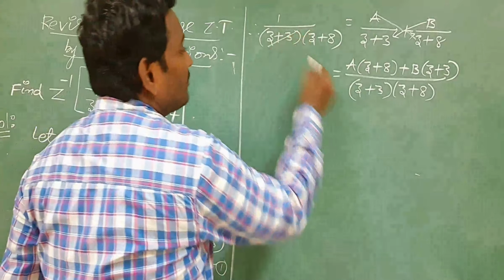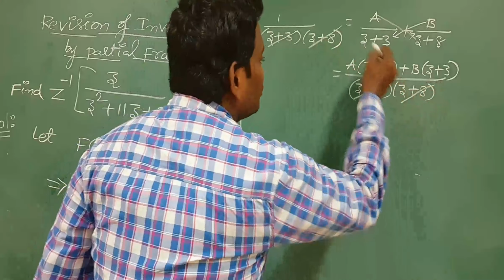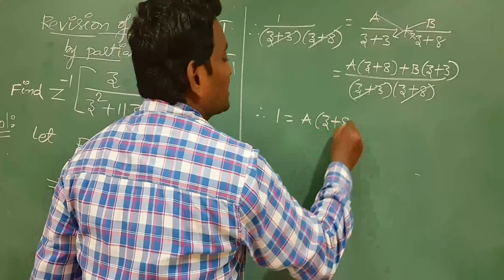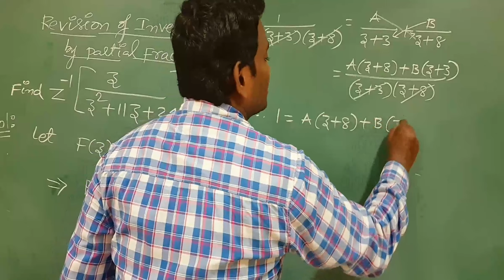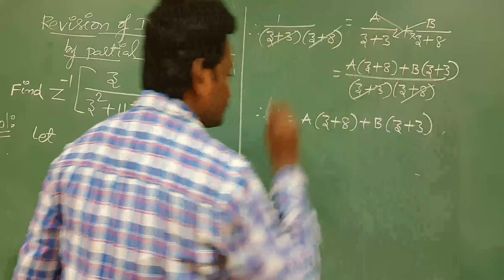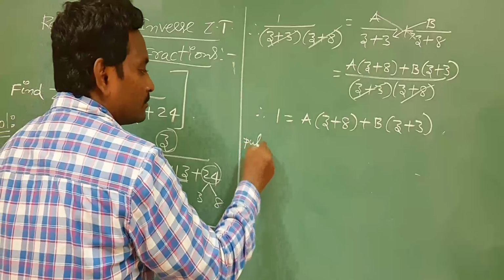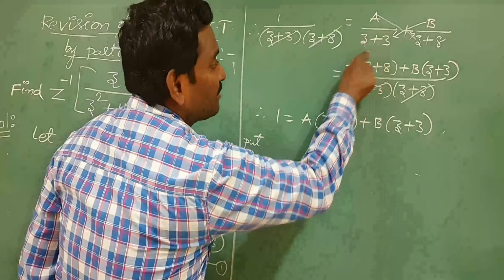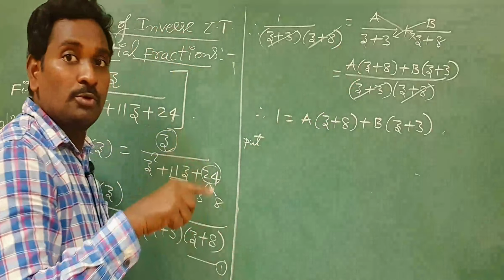Now, since denominators are same, we should equate the numerators. What is it? 1 is equal to a times of z plus 8 plus b times of z plus 3. We need the a value. For a value, look at the denominator of a, it would be z plus 3. This is a linear factor whose root is minus 3.